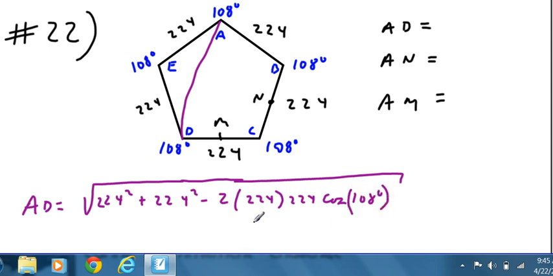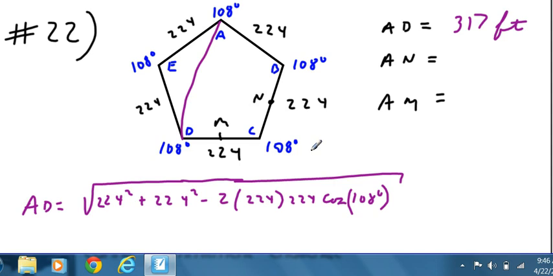That's a minus sign, I just know it is. I don't have enough parentheses. So that's going to be 117 feet, because I only have 3 significant digits.